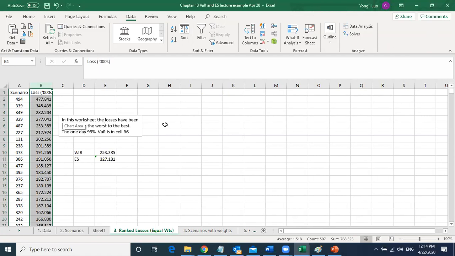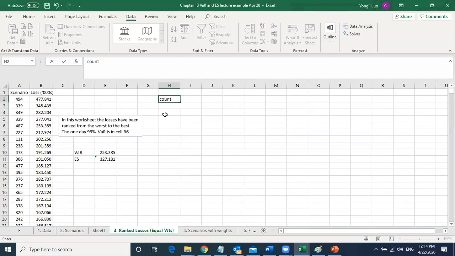So how are you going to calculate the VaR? The question is they ask you for the one day, 99% VaR. First we want to know the total number of observations we have.